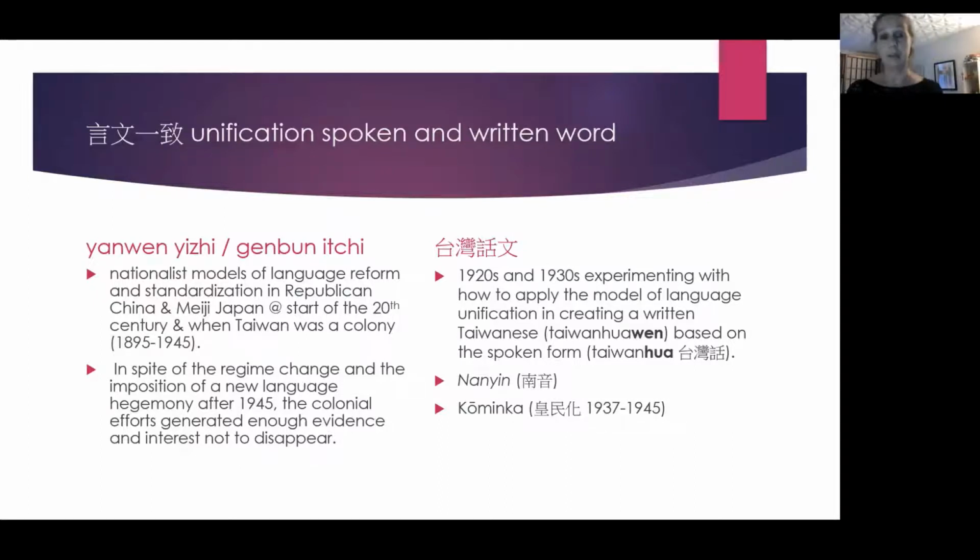Now, at the time, beginning of the 20th century, Taiwan was a Japanese colony, which meant that education slowly was being taken over in the Japanese language. From the 1920s and the 1930s, we also see a number of intellectuals fluent in Japanese, but actually concerned with bringing this concept of the Yenwen Ichi and the unification of the spoken and the written word, and applying this to the language that everyone spoke in society.